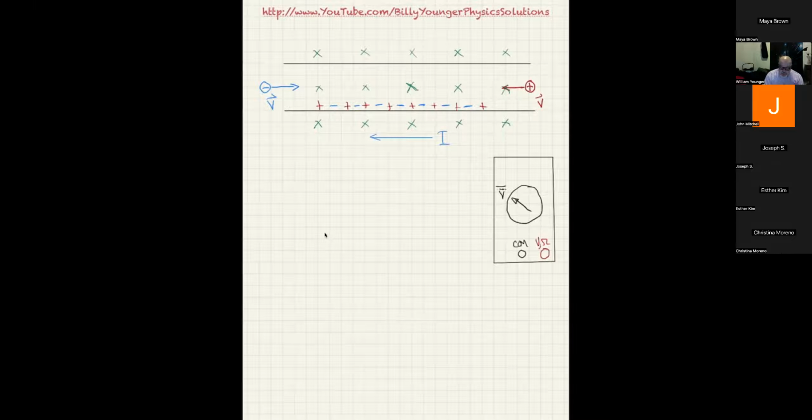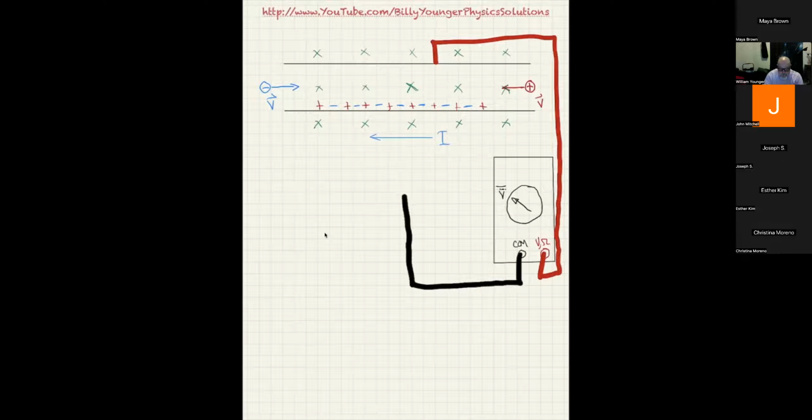What I am going to do is connect a big fat red wire to this side, and now a big fat black wire to this side.